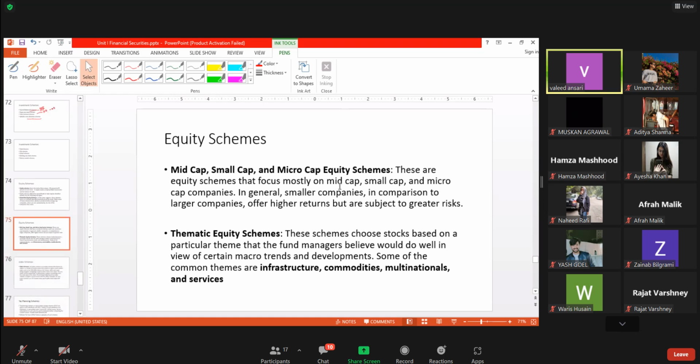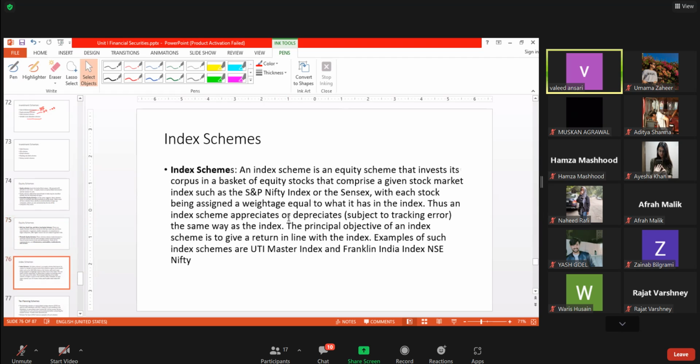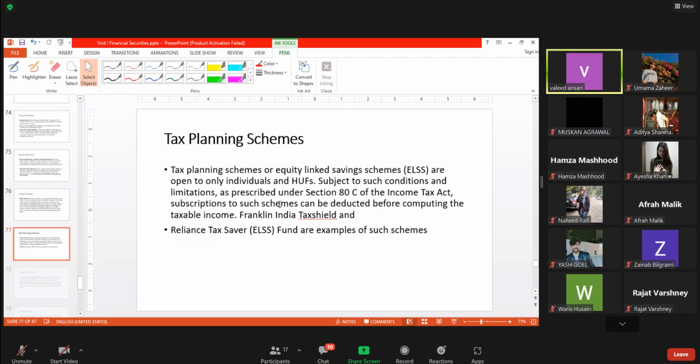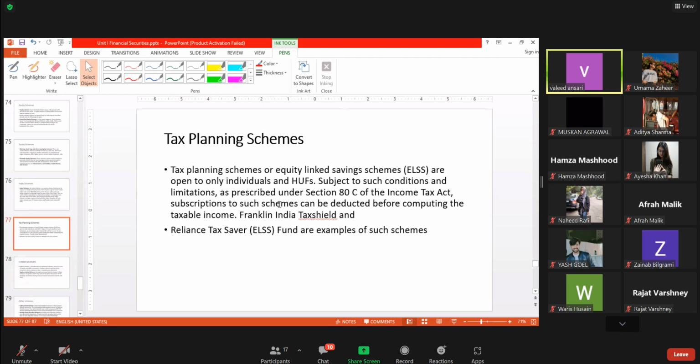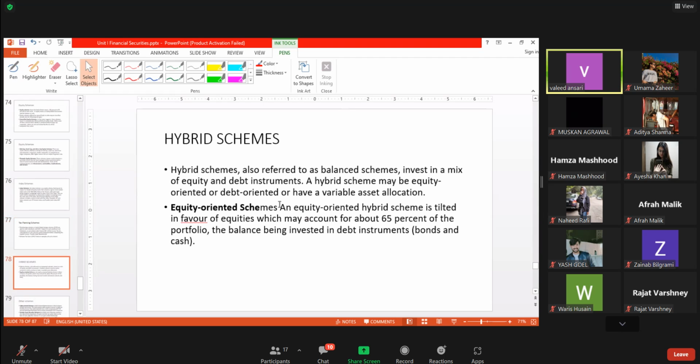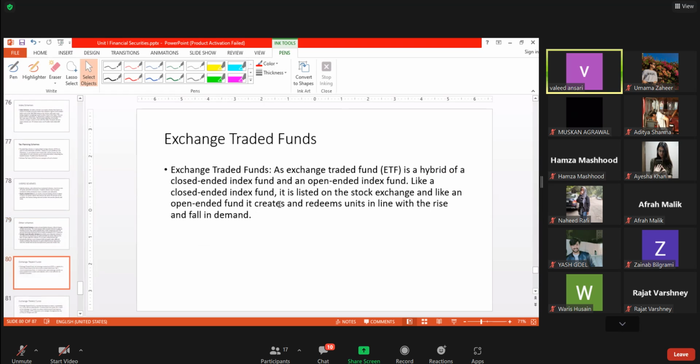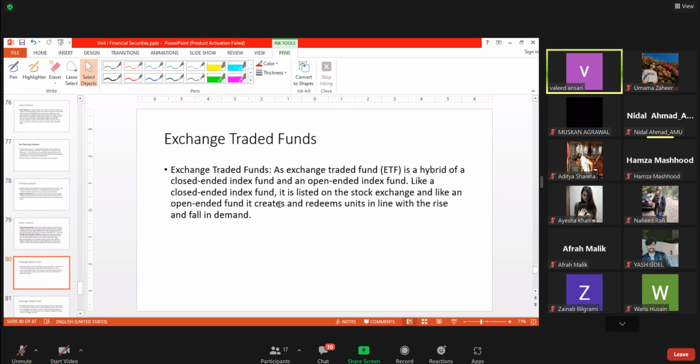Also themes, I told you, like mid cap, small cap, infrastructure, commodities, multinational services, all these types of schemes are there, a plethora of them. Index schemes I have already explained to you, Nifty index, and tax planning, hybrid schemes. So I have provided you the main idea.